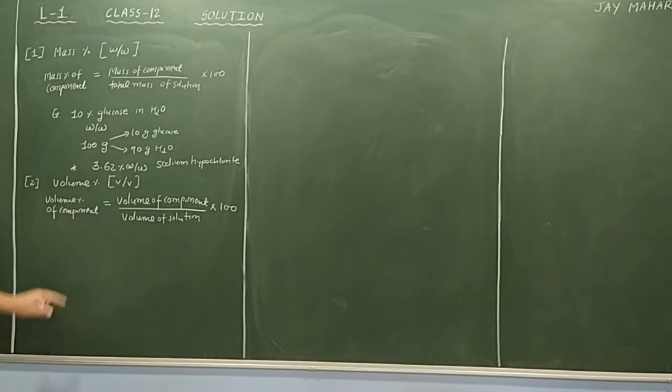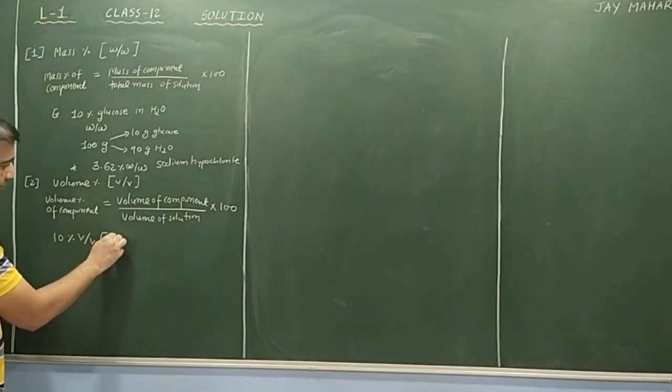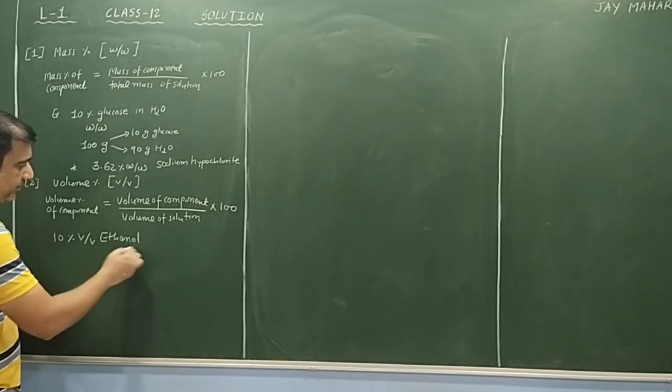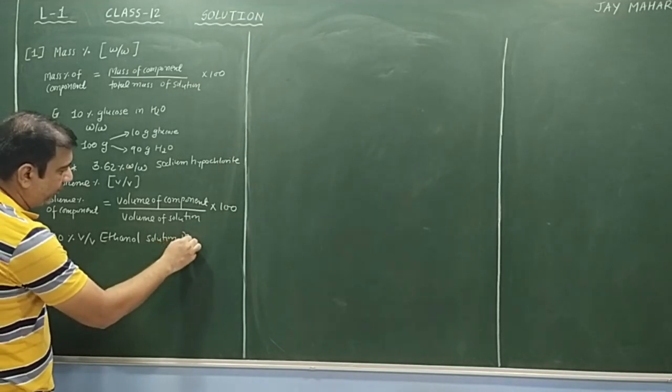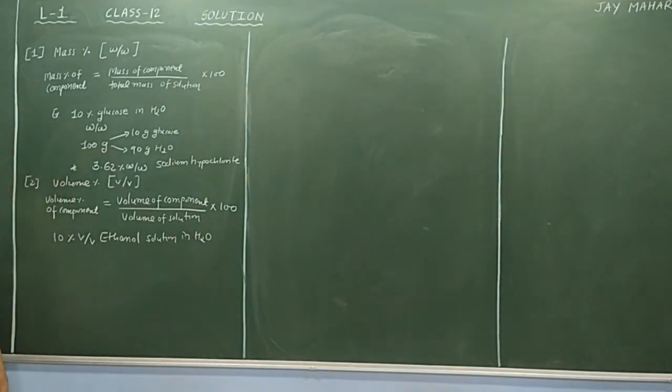Generally, when solute and solvent are both in liquid form, the volume percentage method is used. For example, a 10% V by V ethanol solution in water. That means an aqueous solution. When a solution is prepared in water, it is known as an aqueous solution, and when the solvent is other than water, it is known as a non-aqueous solution.